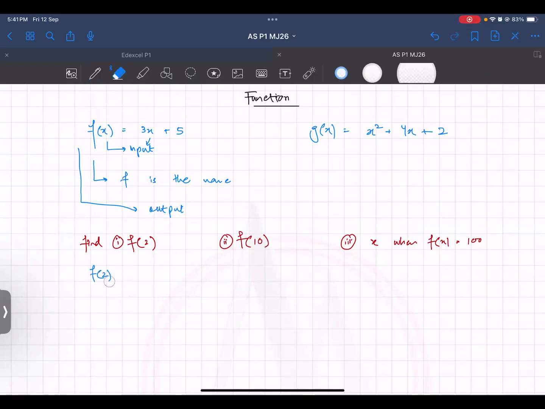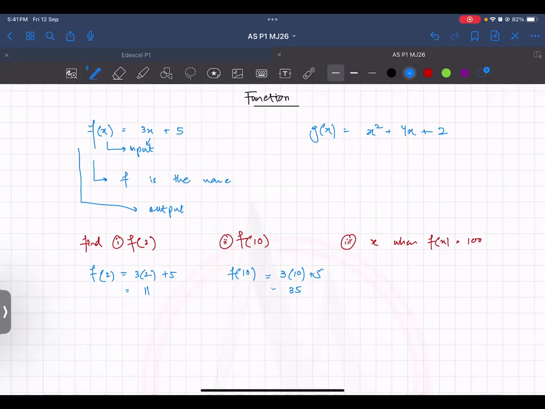This means that the value of X, the input, is 2. So you would do 3 times 2 plus 5, and this would become 11. 6 plus 5, 11. Over here, this would become F10, which would become 3 times 10 plus 5 is equal to 35. That's it. So the input was 10 and the output is 35.